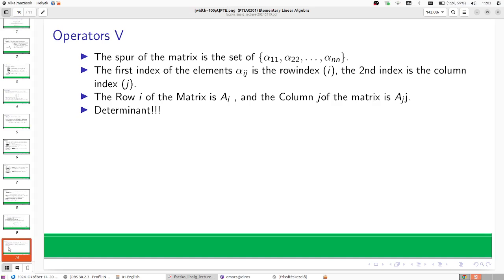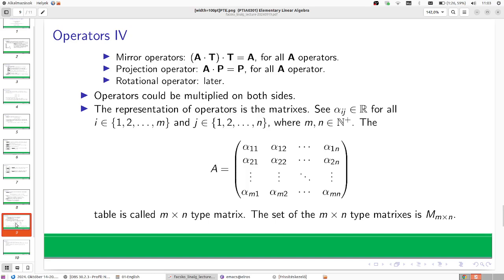The spur of the matrix. First of all, if you have a cubic matrix, then you could have a spur, and that's it. So the indexes with the same number: 1, 1, 2, 2, 3, 3. Sorry, I forgot to explain, but that's quite simple.